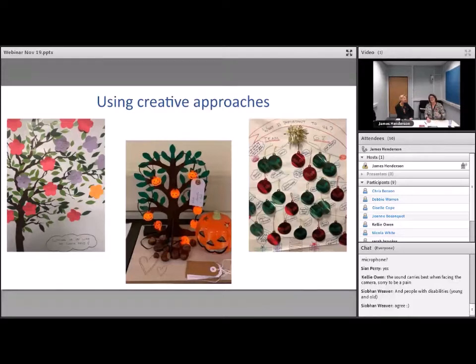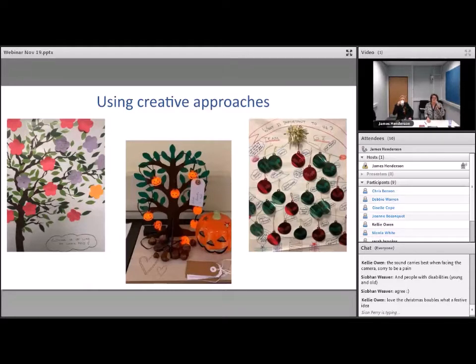So here are some examples of creative approaches that some of the Inspire Improvement Fellows have taken in terms of trying to get some feedback. On the left-hand side, you can see Anna's culture tree. I hope you recognise it, Anna. This is a creative way of asking staff what it's like to work around here. Anna created the tree, and then she gave people stickers so that they could contribute to that tree.